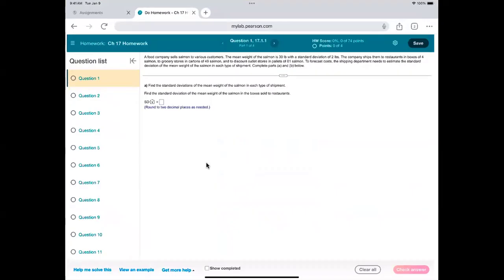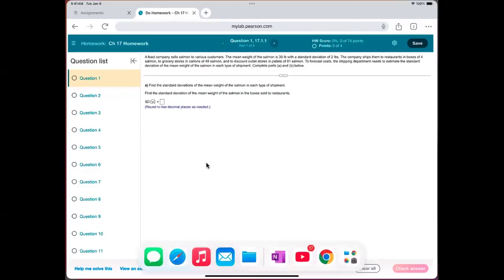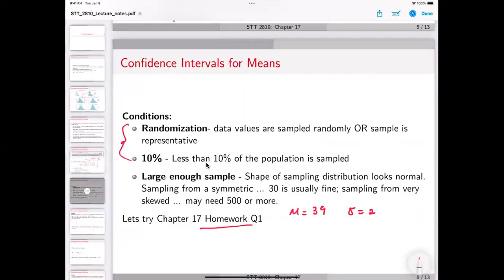Now, it says that the company ships them to restaurants in boxes of 4 salmon. So when they ship to the restaurant, the number of salmon is 4. To grocery stores in cartons of 49 salmon. So I want you to write down restaurant is 4 salmon.